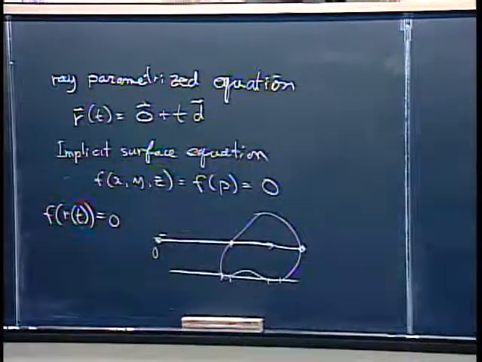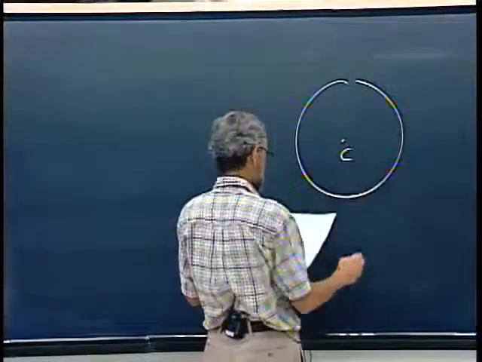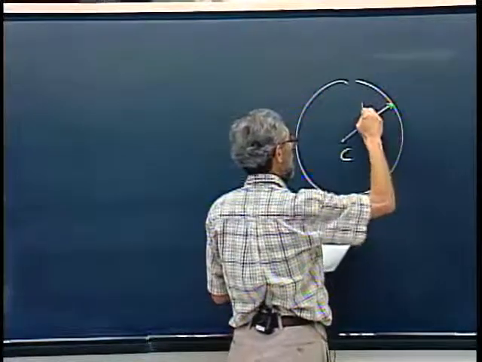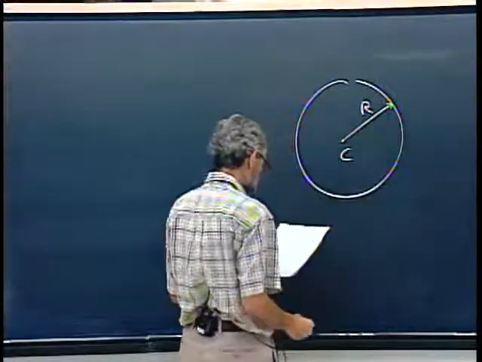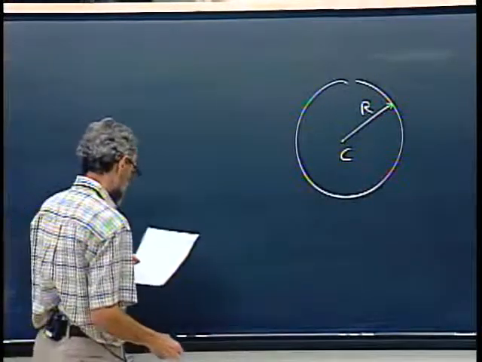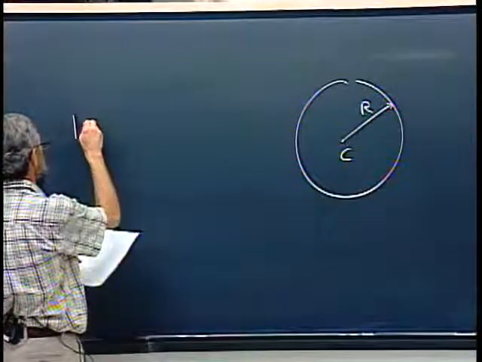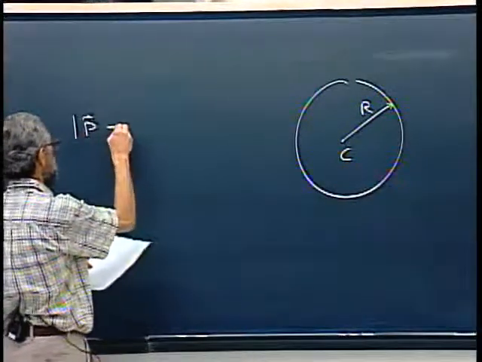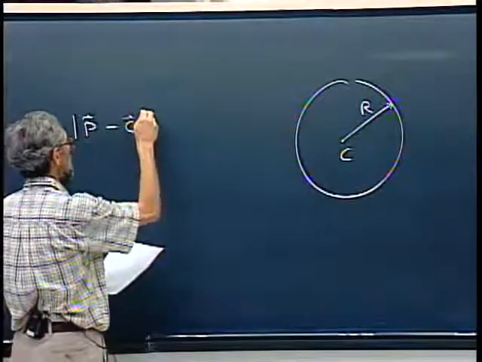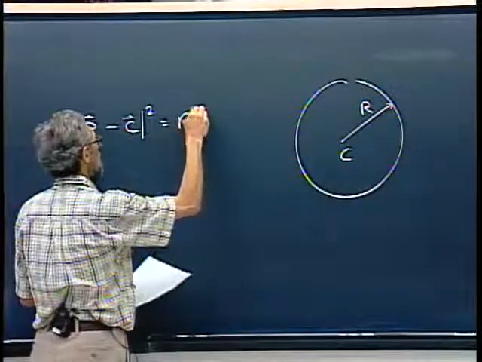If we have a sphere, the sphere has a center C and radius r, and the equation of the sphere says that for any point on the sphere, the difference between that point and the center position squared equals r squared.